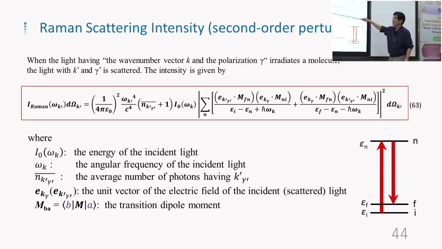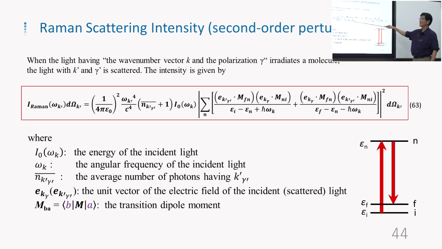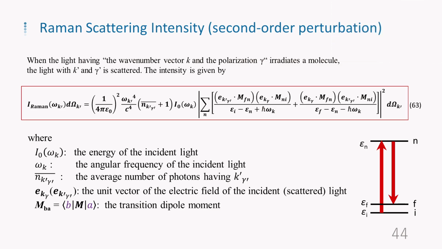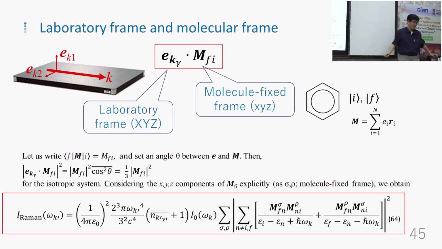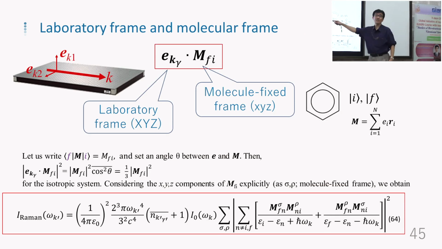So I derived this equation and I explained it includes the inner product of the vector E and M. But we should know E and M are defined in different frameworks.